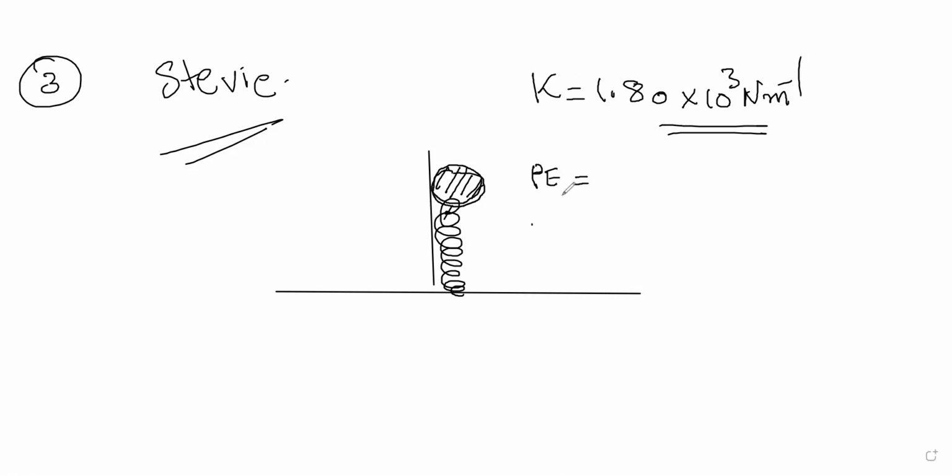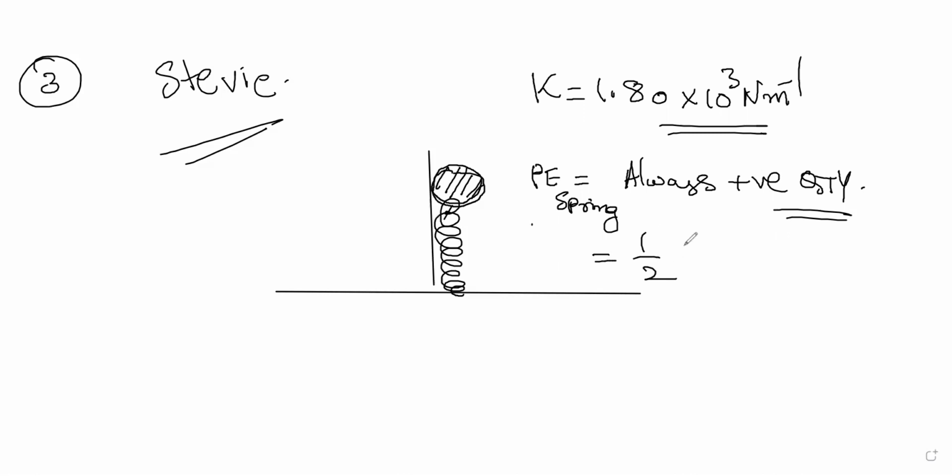The potential energy of the spring is always a positive quantity. That is a fundamental you have to know. The formula is given by half kx square, where x is the extension or compression in the spring.